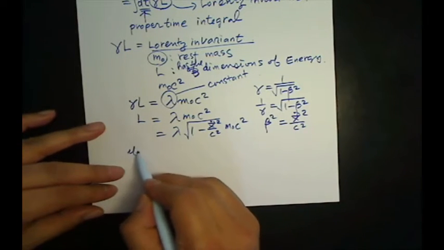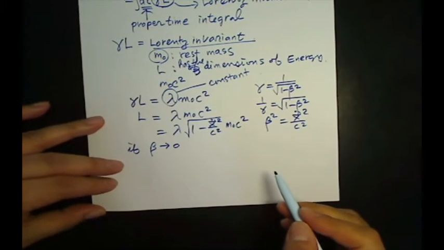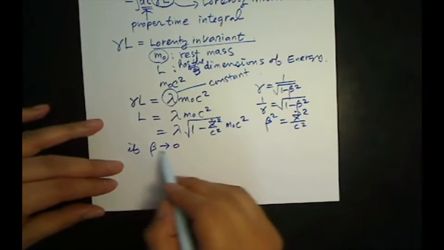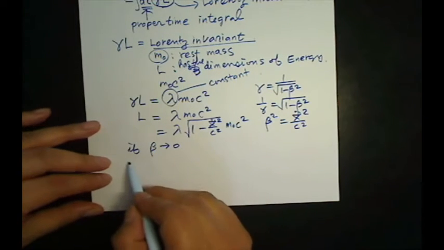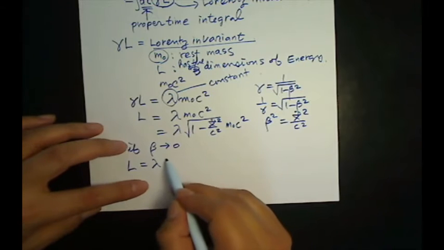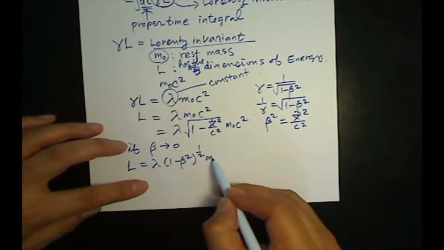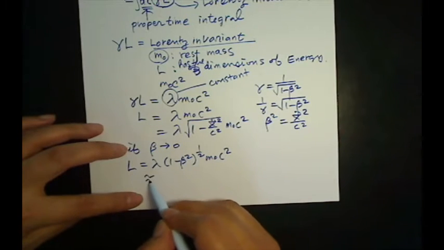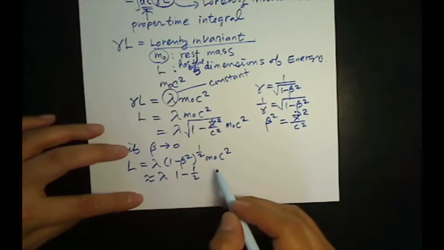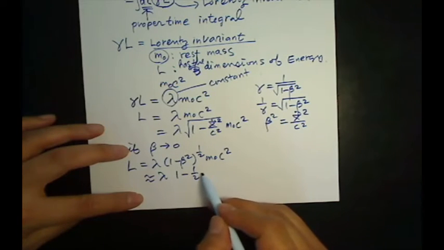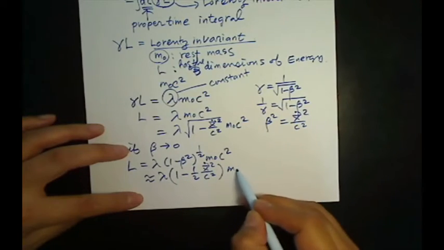If beta is very small, we can make an expansion. So the Lagrangian is lambda m0c squared times 1 minus one half beta squared, where beta squared is x dot squared over c squared.